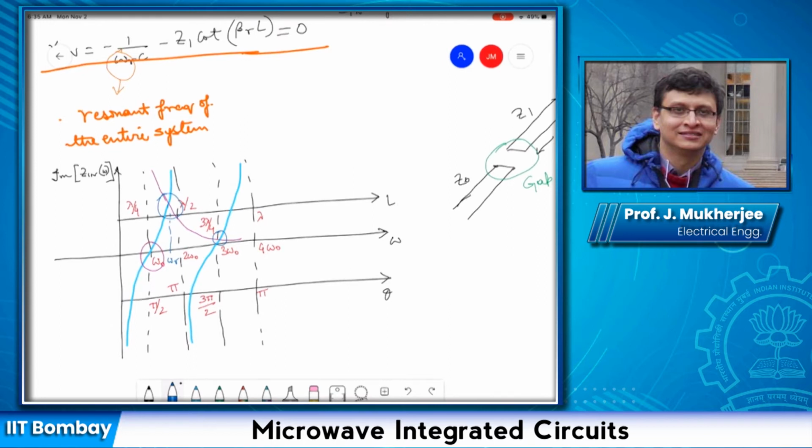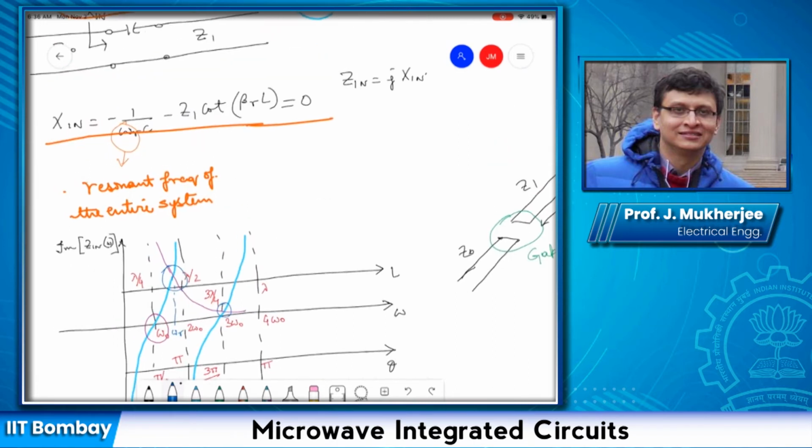You might ask, why is the frequency corresponding to this intersection point the resonant frequency?